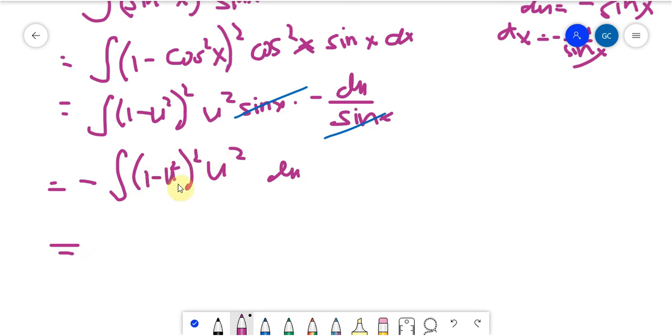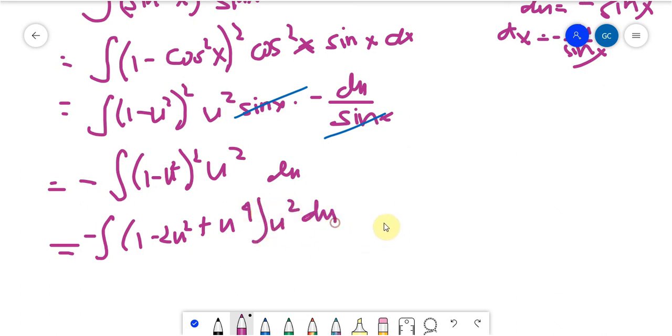We will evaluate this one, so we will expand it: 1 minus 2u squared plus u to the fourth, times u squared du.